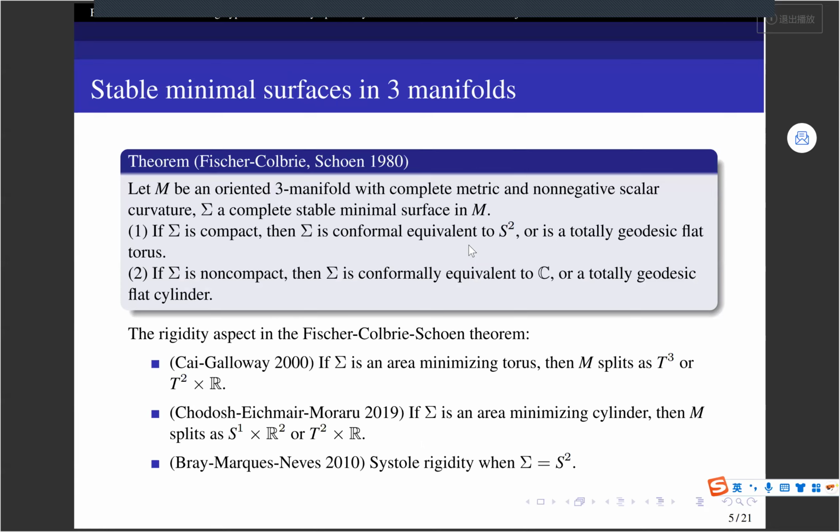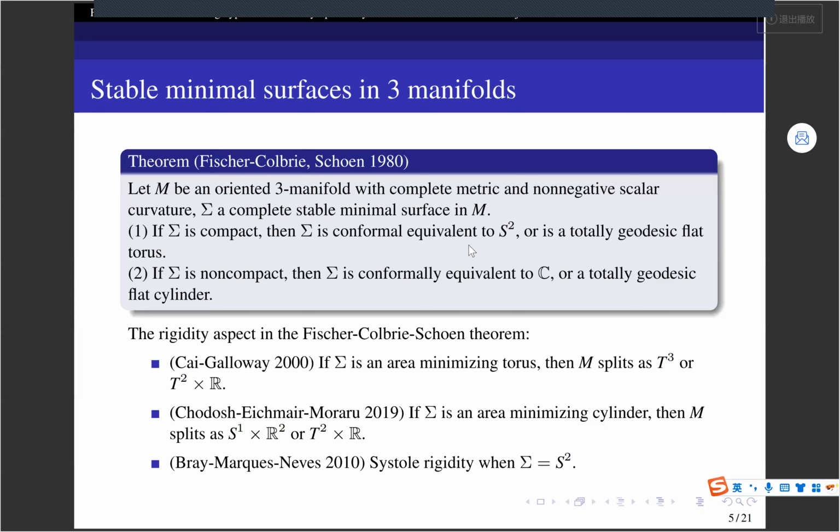They have shown that if this stable minimal surface sigma is compact, then it can only be S2 or a totally geodesic torus. And if sigma is non-compact, then it must be a plane or a totally geodesic cylinder.